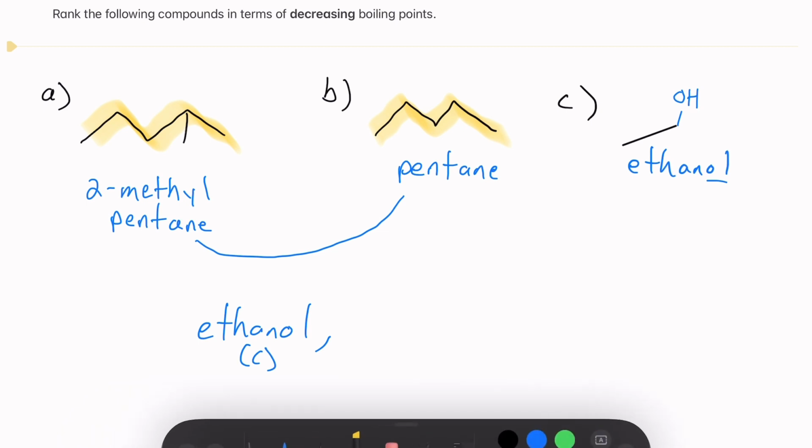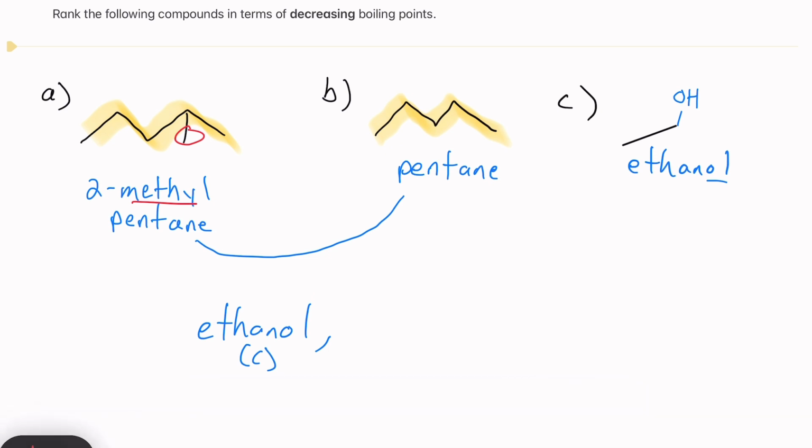But this one here has a branch right over here as indicated by the name. So what do we do when we have the same number of carbons in the parent chain? Well, what we do is, if the number of carbons are the same, then we count the number of branches.